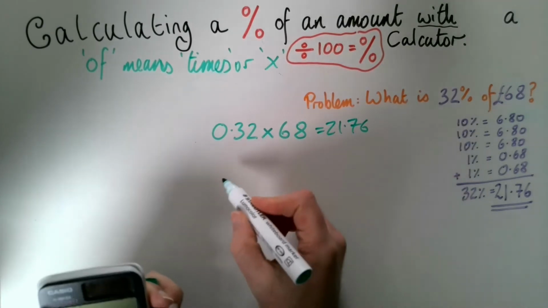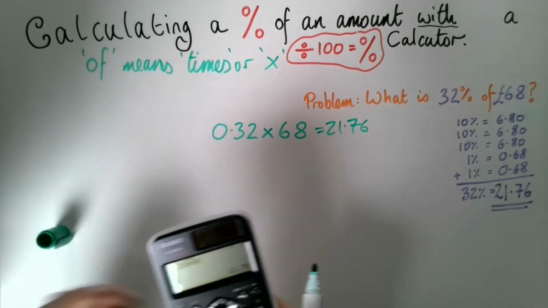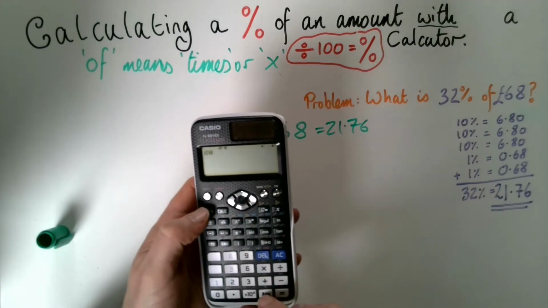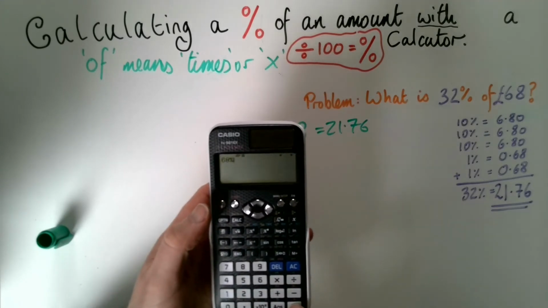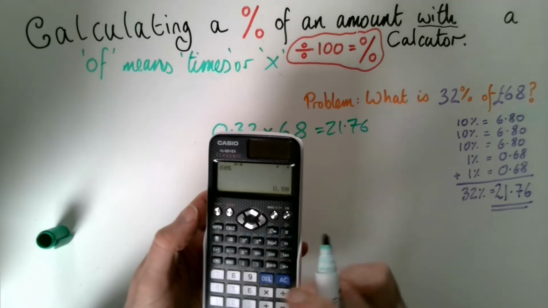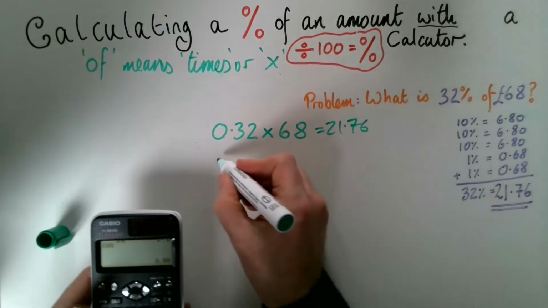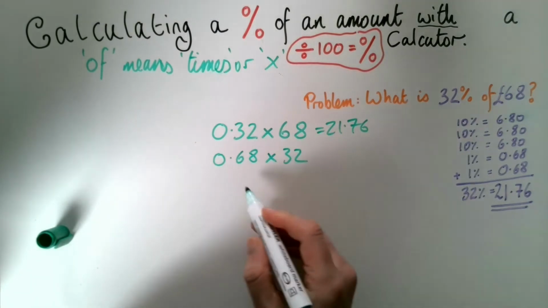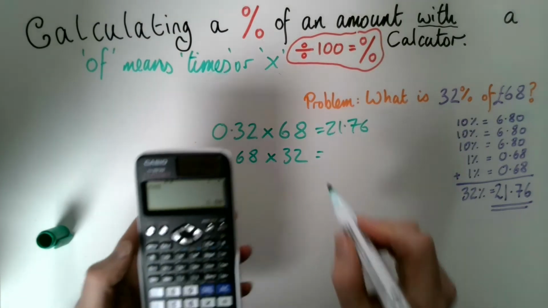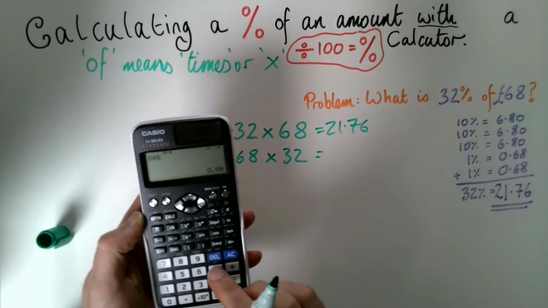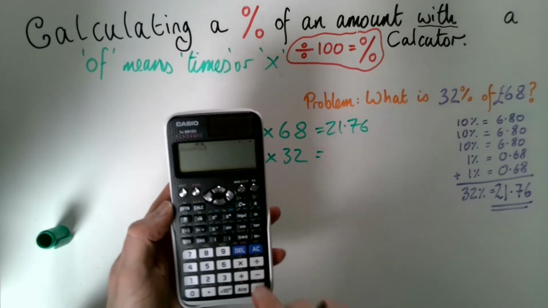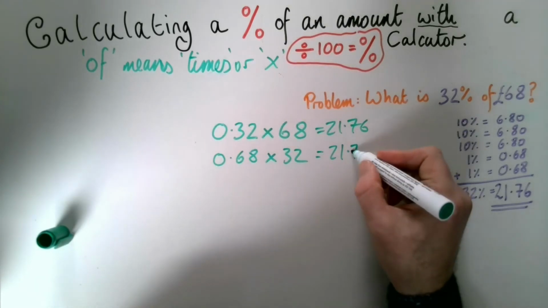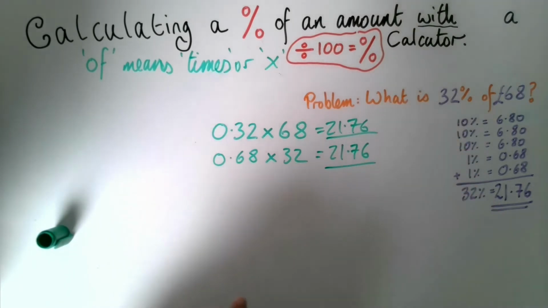Now, do you remember we talked about 68% of 32? Well, 68%, 68 divided by 100, you can press the percentage key if you'd like to do it that way, is 17/25, which is 0.68. 0.68 times 32 should give us 68% of 32, and that last time got us 21.76, and this time it gets us 21.76.